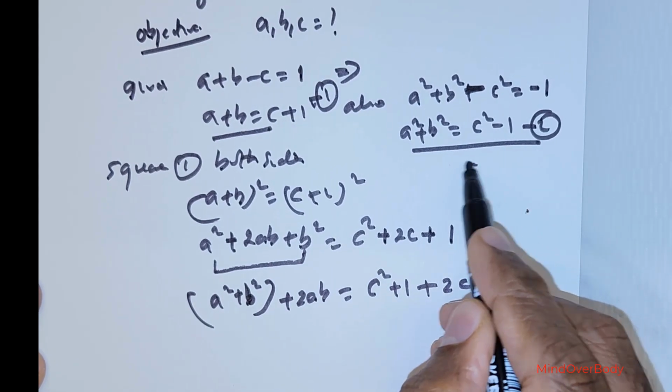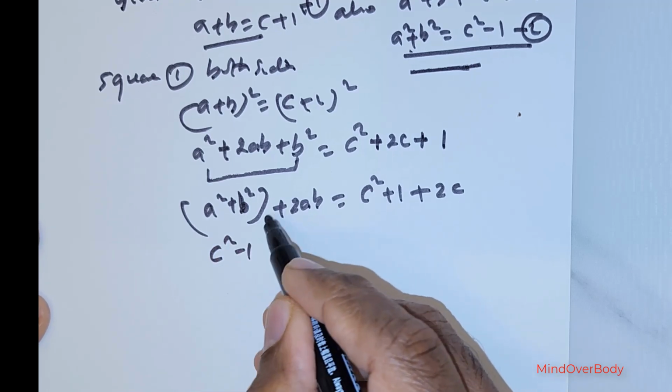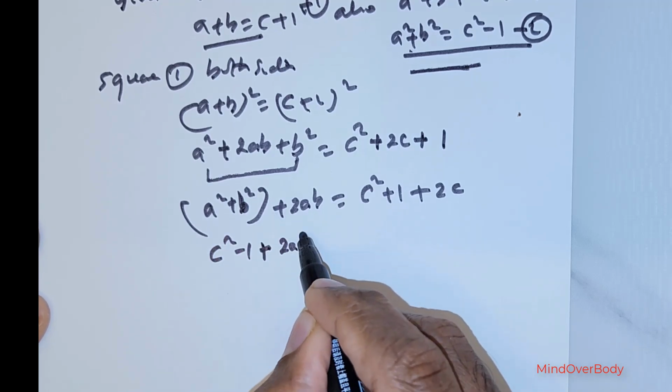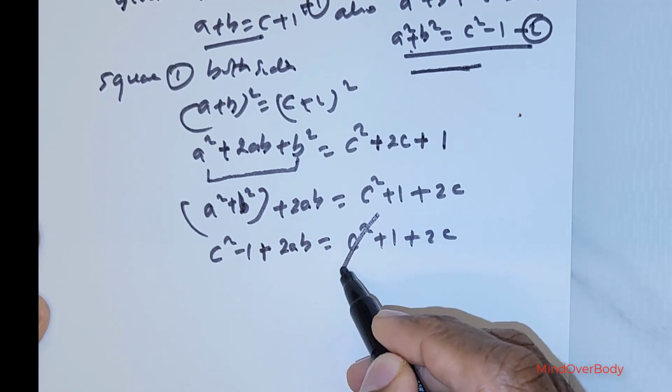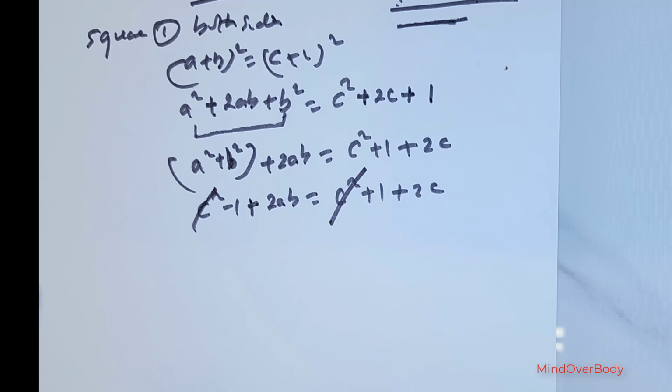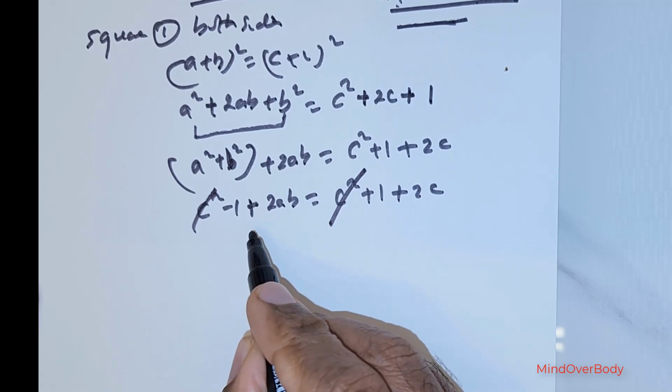Now from 2, a² + b² is c² - 1, so I'm going to replace that: c² - 1 + 2ab = c² + 1 + 2c. So c² can be cancelled. Now is there anything else we can do?